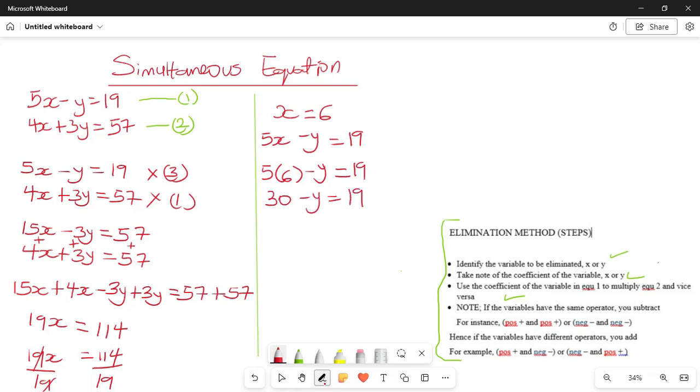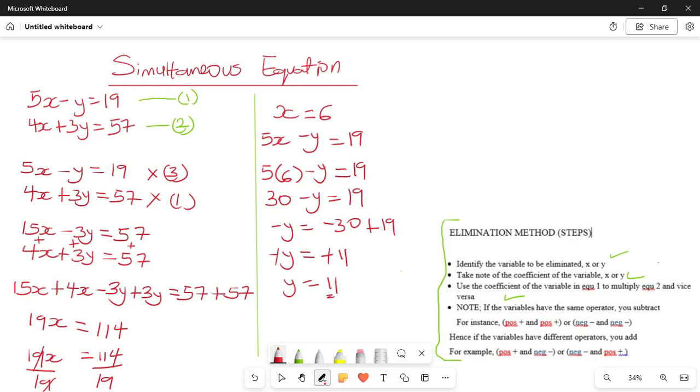Then minus y equals minus 30 plus 19, which gives us minus 11. The negatives cancel out, so y is equal to 11. So we have gotten the value of x and y.